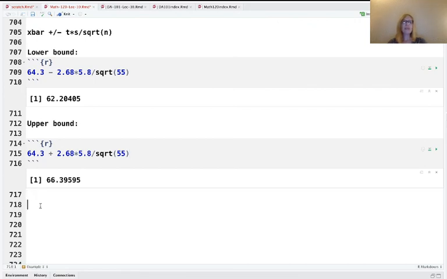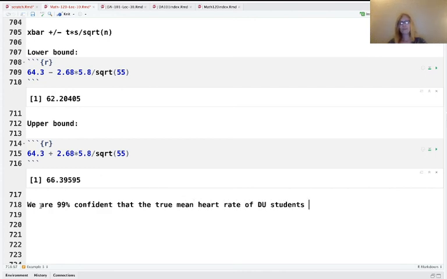So altogether then, we are 99% confident that the true mean heart rate of Denison students is between 62.204 BPM and 66.396.